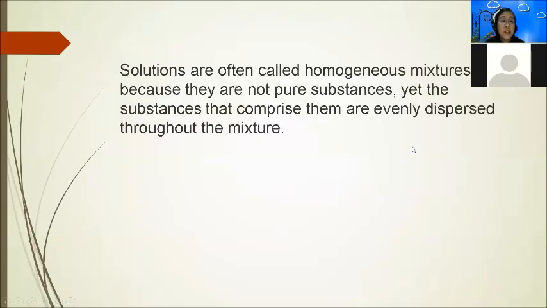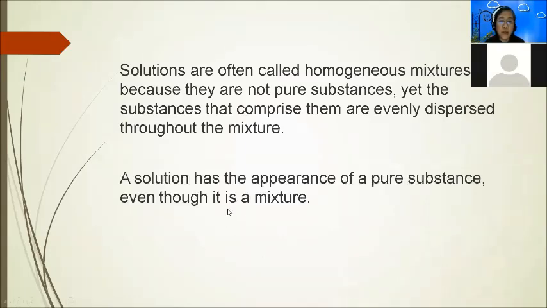Solutions are often called homogeneous mixtures. Why? Because they are not pure substances, yet the substances that comprise them are evenly dispersed throughout the mixture. This only means that most of the time, mixtures look like they are pure substances.